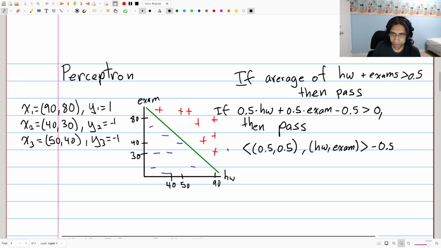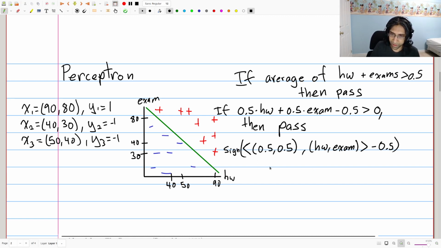And finally, we'll write this as the sign. And what do I mean by sign? We mean that if this is greater than 0, then this is going to be a +1. And if this is less than 0, then this is going to be a -1. There's, of course, some ambiguity about what happens at 0, but that's usually not a big deal. You can break those however you like.